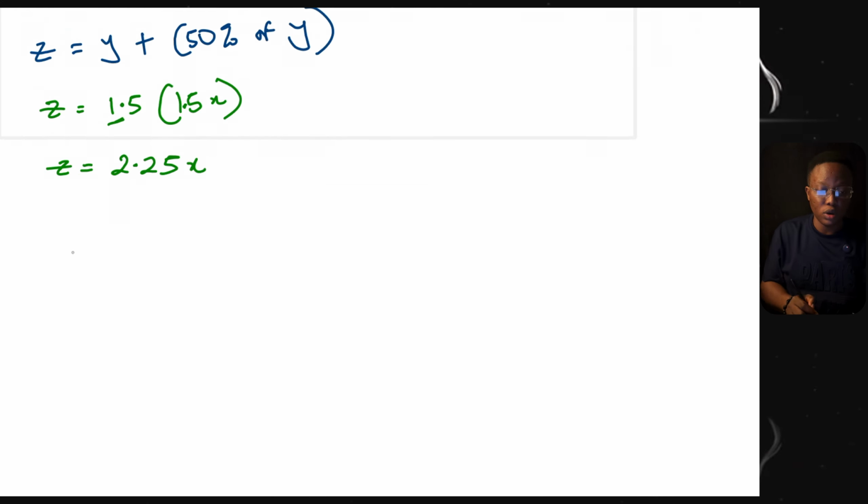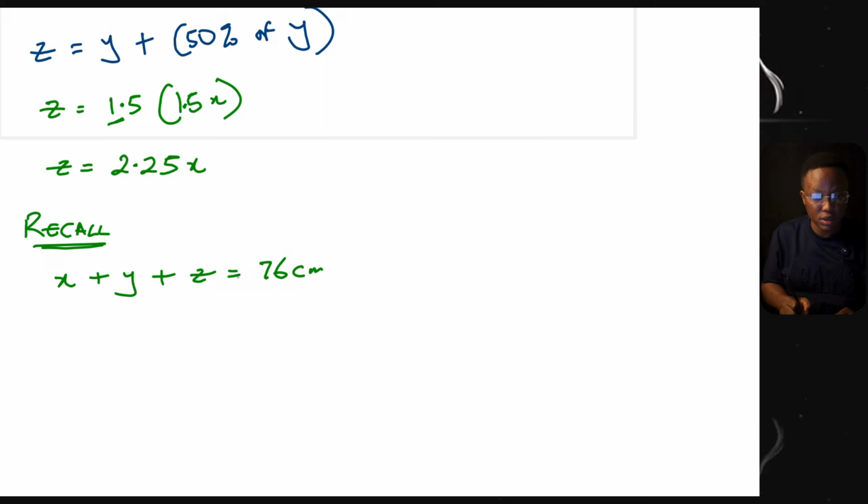Remember that, recall, X plus Y plus Z is equal to 6 centimeters. Right?